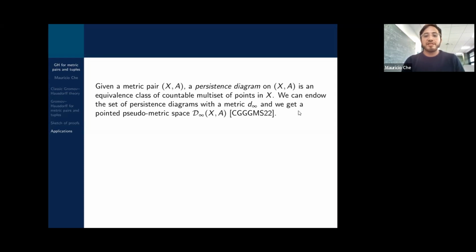In this collaboration, in this previous paper I mentioned before, we proved that this construction, the correspondence that sends each metric pair to this pointed metric space, is sequentially continuous with respect to the Gromov-Hausdorff convergence of metric pairs and the Gromov-Hausdorff convergence of pointed metric spaces.